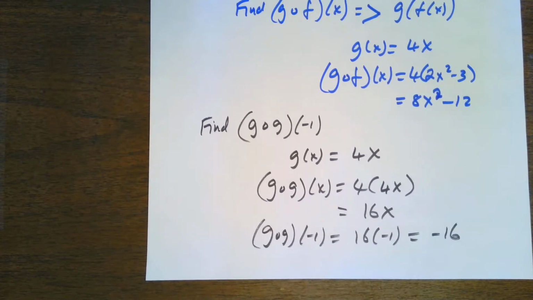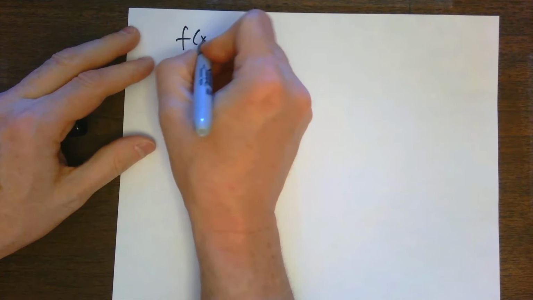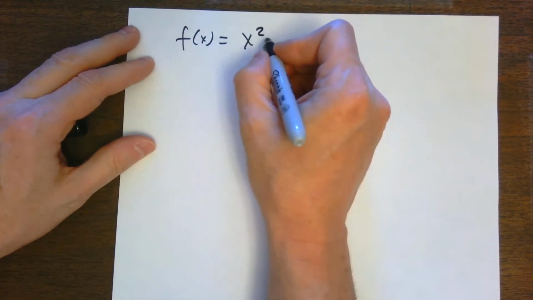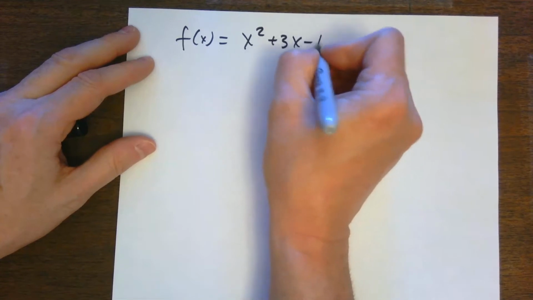All right. We also need to talk about finding the domain of these compositions. So let's focus on the domain now. Suppose that I've got a function f of x equals x squared plus 3x minus 1.